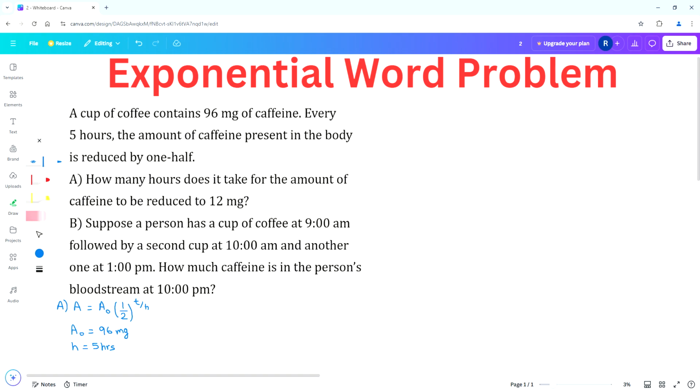So A, the final amount, is equal to 12 mg, and we have to find the value of T. We should sub in the known values in the formula and solve for T.